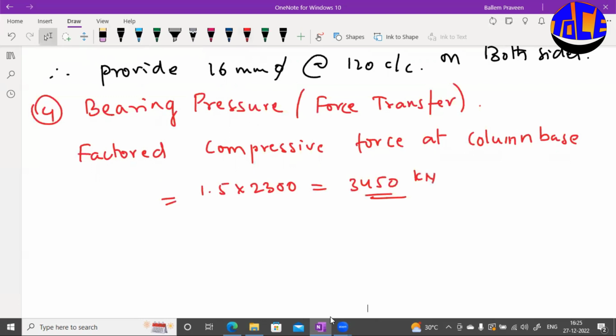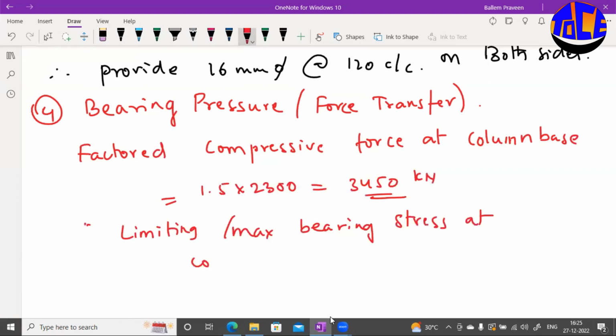Okay, and now you have to find out the limiting or the maximum bearing stress at column and footing interface.